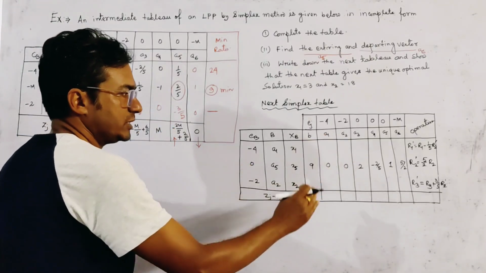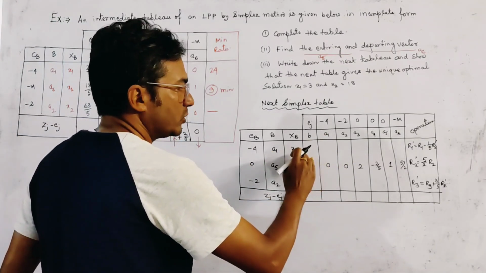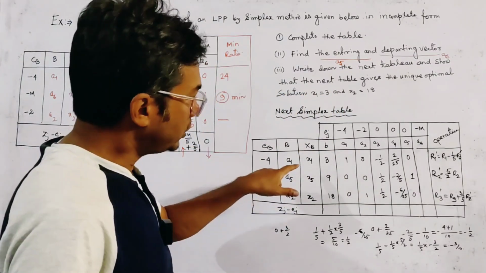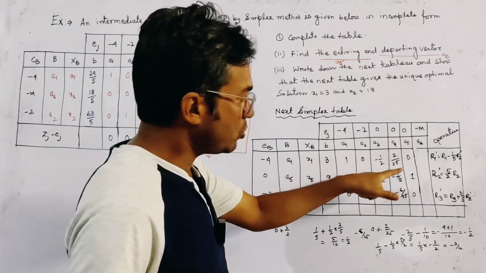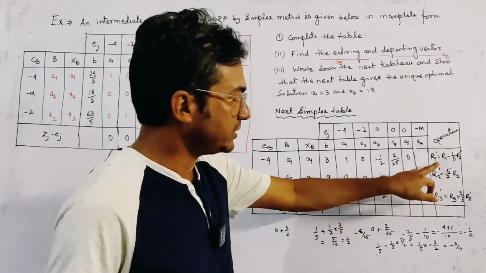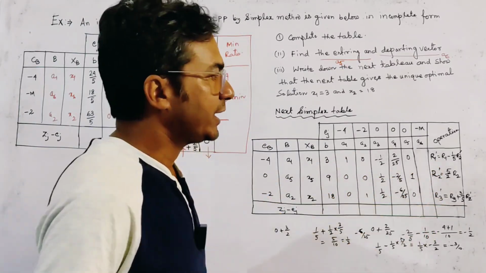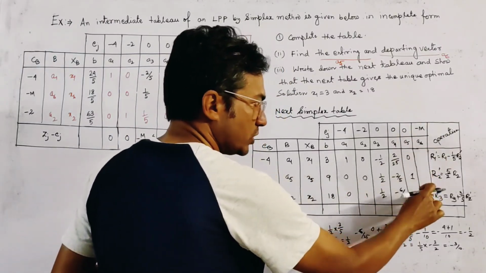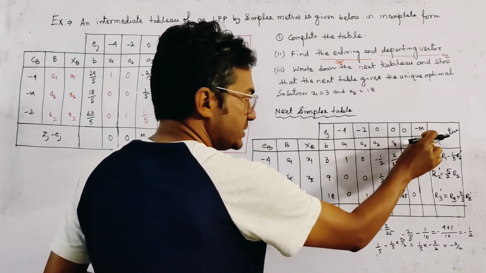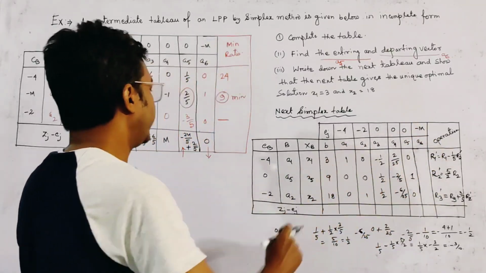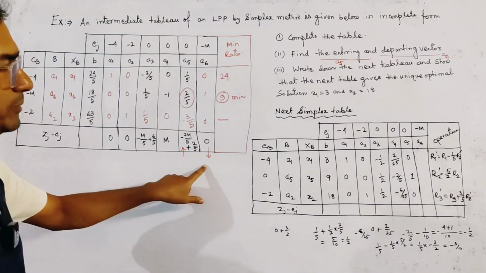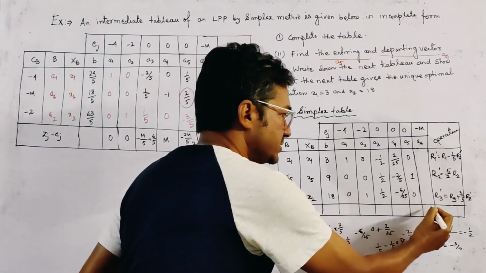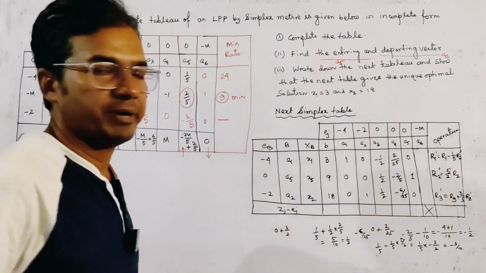By the same operations we fill all the elements of the first and third rows. We leave this column to be blank, because this is the artificial vector, and the artificial vector has departed from the basis, so it cannot be entered again.